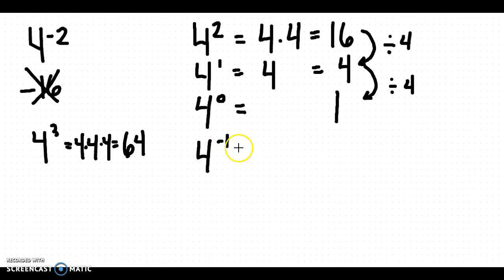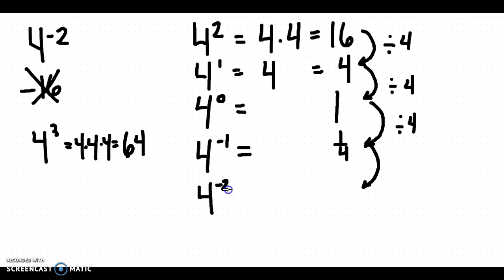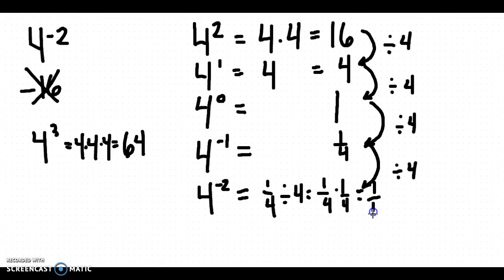So 4 to the negative first power, we divide this 1 now by 4, and we would get 1 over 4, or 1/4. So let's take it to 4 to the negative second power. Now if I divide this by 4, I have 1/4 divided by 4, which ends up being 1/4 multiplied by 1/4, which is 1/16.